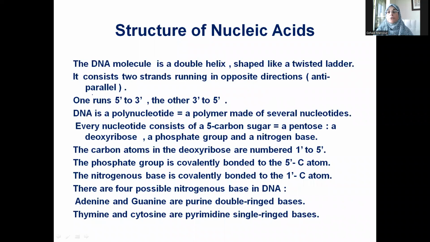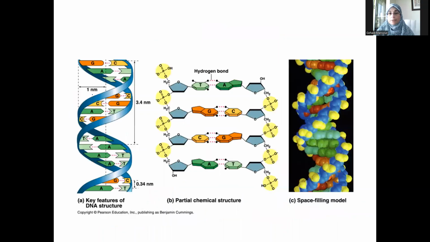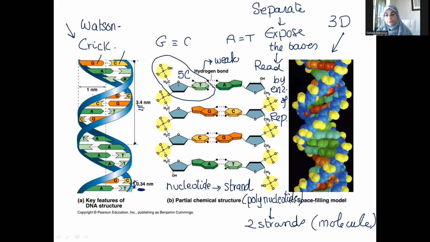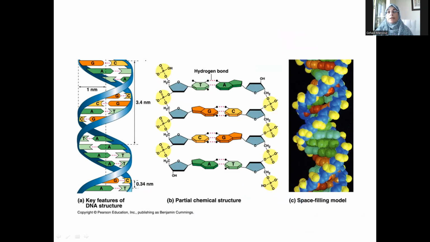Furthermore, the DNA molecule has a particular direction. What is this particular direction? If you look at a strand of DNA, then you will have that one strand has a free phosphate group, meaning that there is nothing after it.